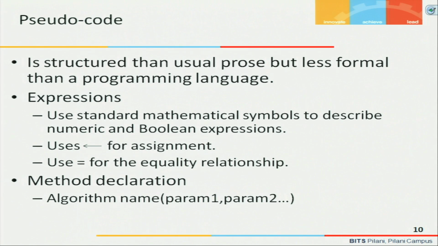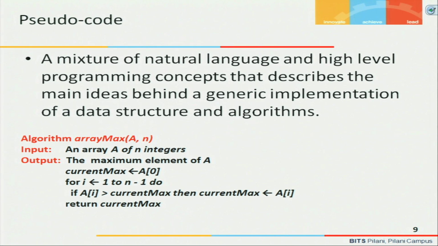the standard assumptions in a pseudocode are you are going to use mathematical symbols to describe numerical and Boolean expressions. A left arrow is going to be used for assignment, equal is going to be used for the equality relationship, and like in this case we are going to use function names to indicate what the program is going to do, and these are going to be the parameters for this function, right.